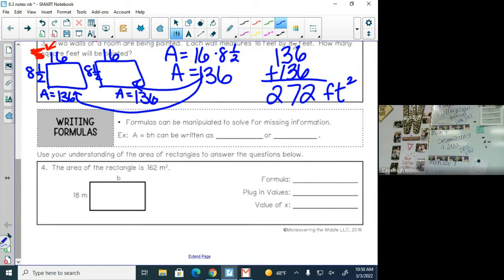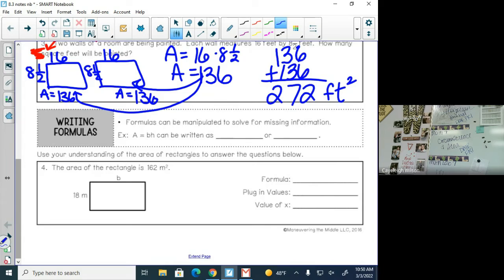If the area is 12 and one side is 3, what's the other side? 4, because 3 times 4 is 12. One more. If the area of the rectangle is 22 and one side is 2, the other is 11, because 2 times 11 is 22.